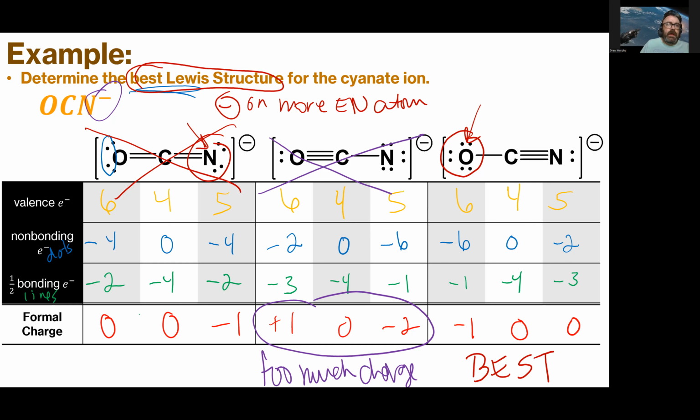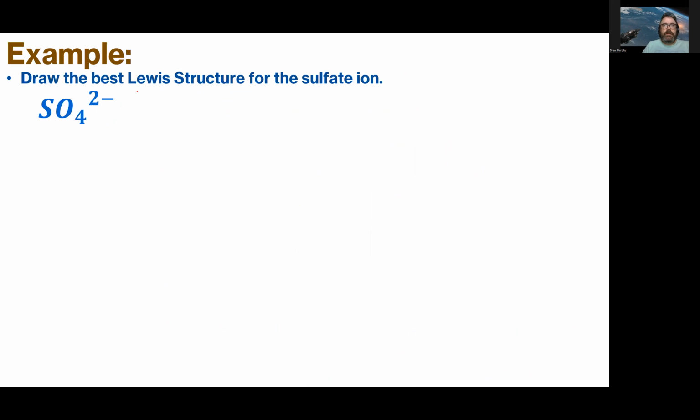Let's look at one more example. Let's draw what we think the best Lewis structure for a sulfate is going to be. This is going to be a little less intuitive, so we're going to work through this. All of these are in group 6, so 6 times 5 is 30, plus 2 more for the negative charge is 32 electrons.